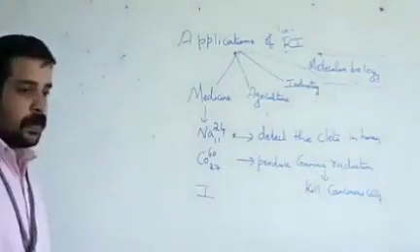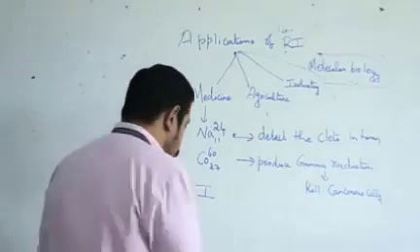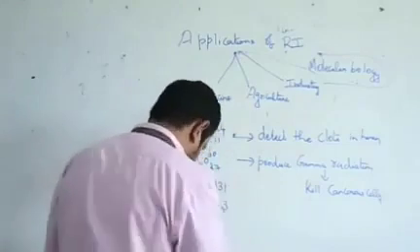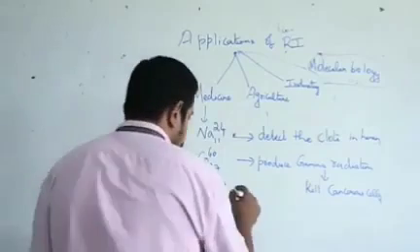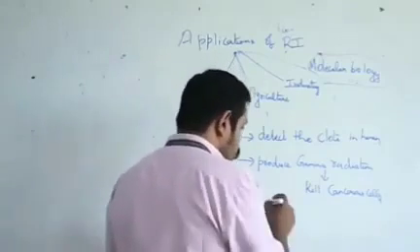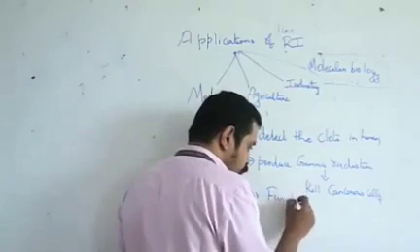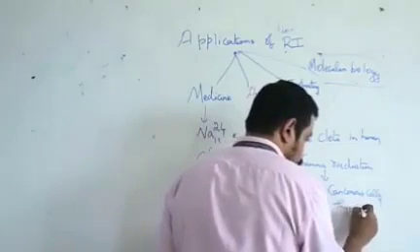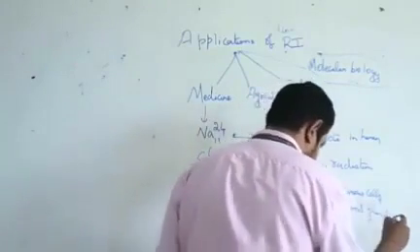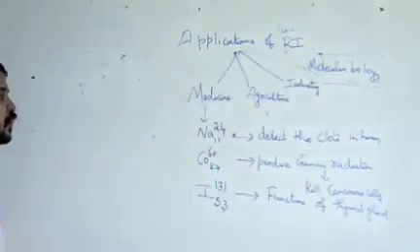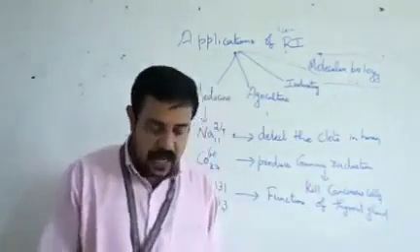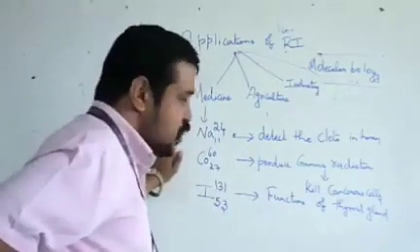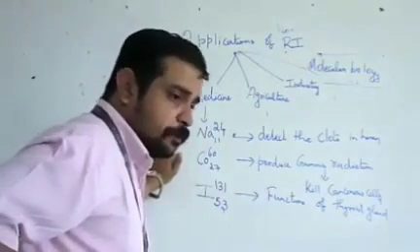We will also have one more example, that is iodine with a mass number of 131 and atomic number of 53, which is used to analyze the functions of thyroid gland. Now these are the predominant simplified examples of applications of radioisotopes in the field of medicine.